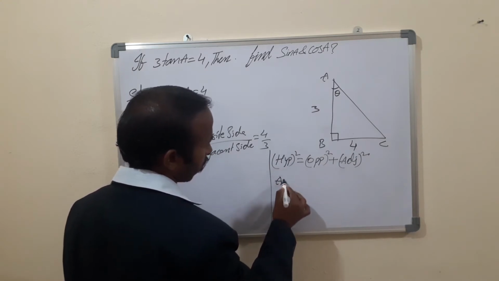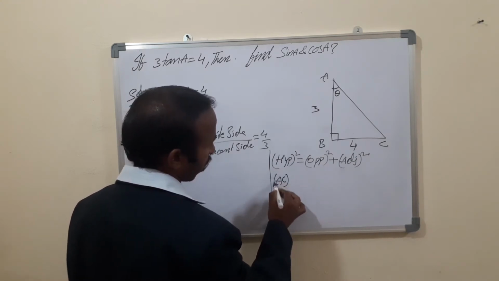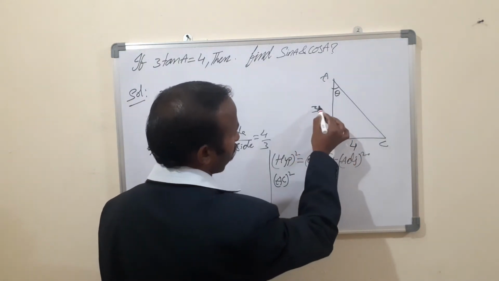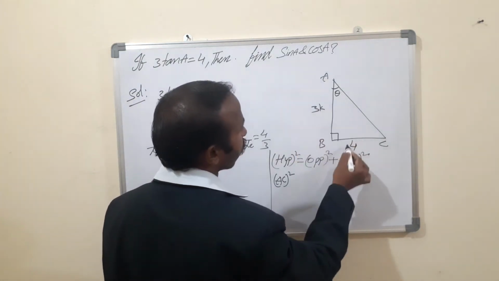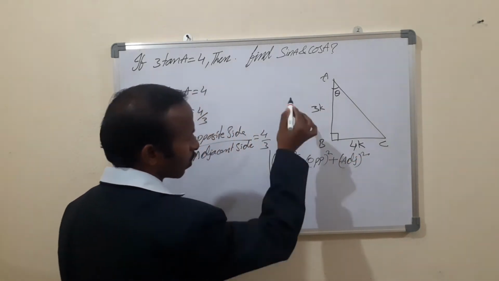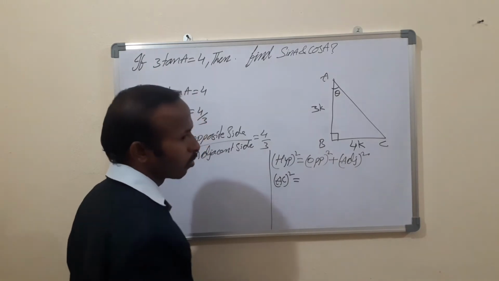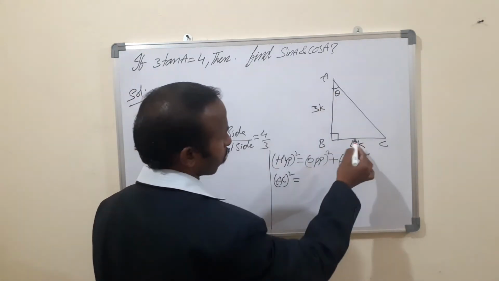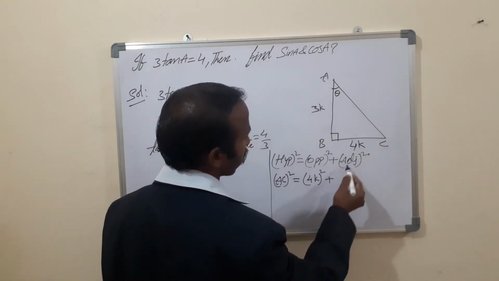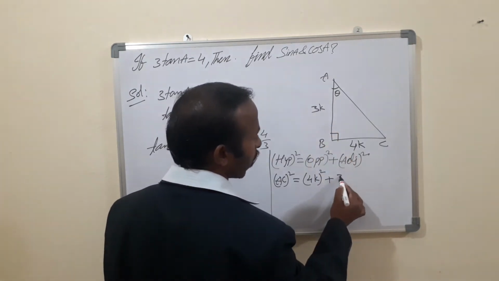That is AC whole square. Here the sides are the ratios, so 3 means 3k, 4 means 4k. Now AC whole square equal to opposite, 4k whole square, plus adjacent, nothing but 3k whole square.